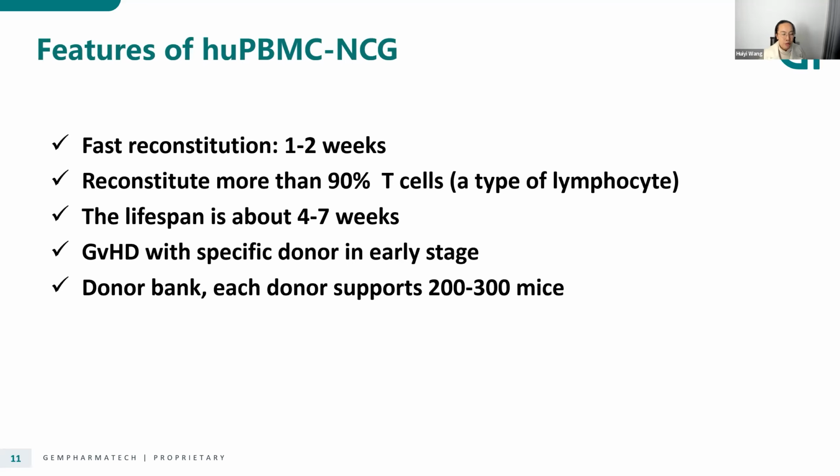So the window period is relatively shorter, and when the T effector and memory T cells attack the NCG mice, it will easily lead to GVHD, which is graft versus host disease.